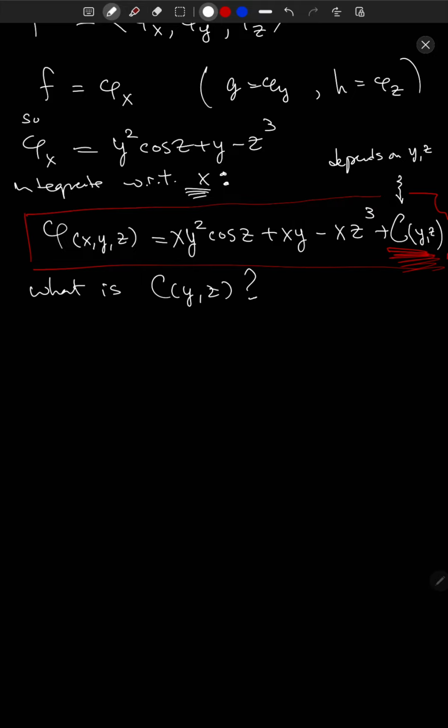We've made a lot of progress because initially we didn't know phi of xyz, the three variable function that we were looking for. And now we only don't know a two variable function. So we've reduced the problem from a three variable question to a two variable question. As long as we're making progress, that's good.